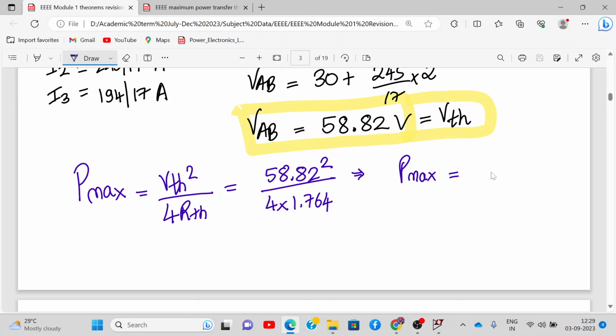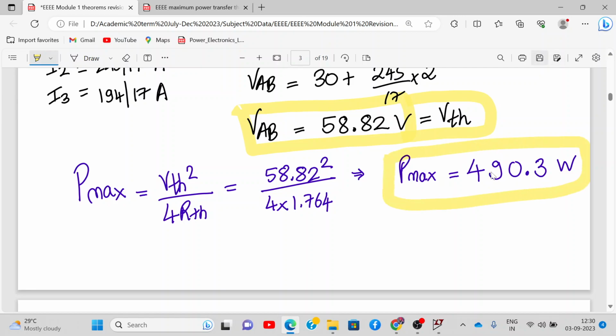Use your calculators and let me know the value of Pmax. 490.333, I am getting 490.3. Yes, close to this will be correct. Everyone getting 490 watts? Yes, sir.